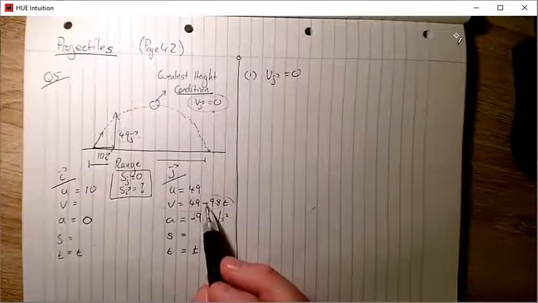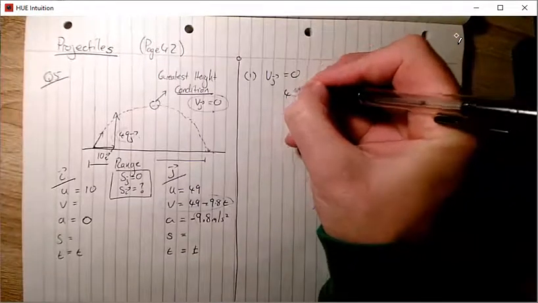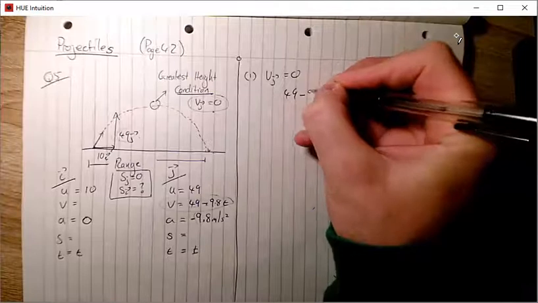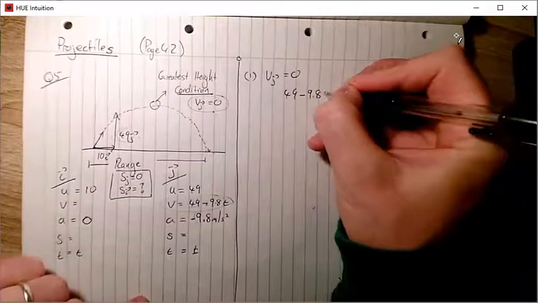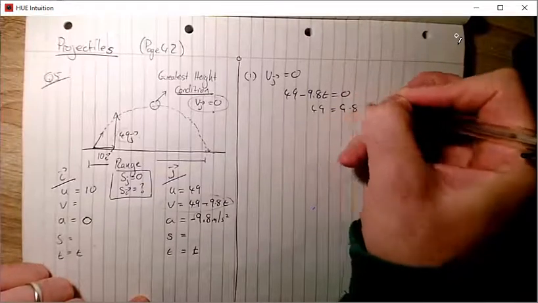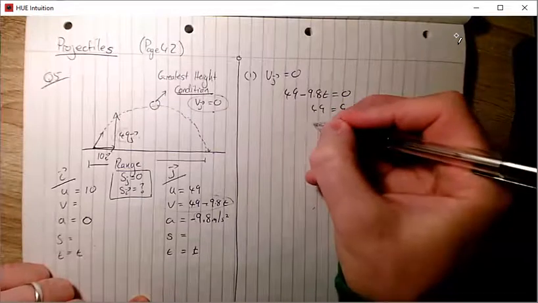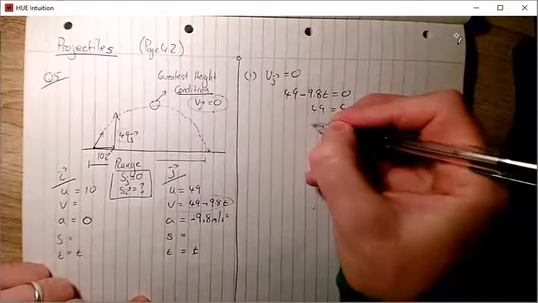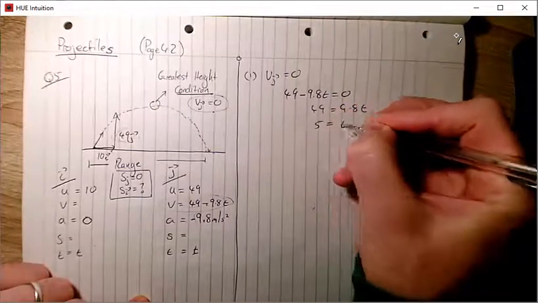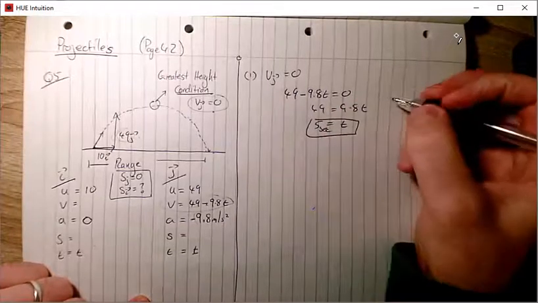So you let that equal 0 to find the time at which you're at your greatest height. 49 - 9.8t = 0. Solving that, moving the 9.8t across and dividing through by 9.8, 49 divided by 9.8 is 5. So what we see here is that after 5 seconds, we're at our greatest height.